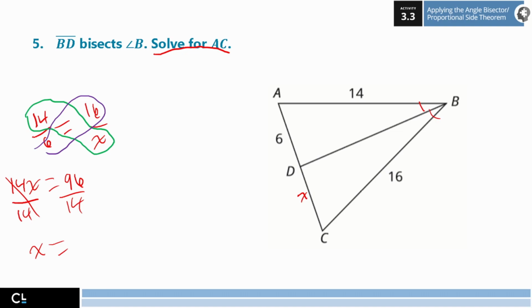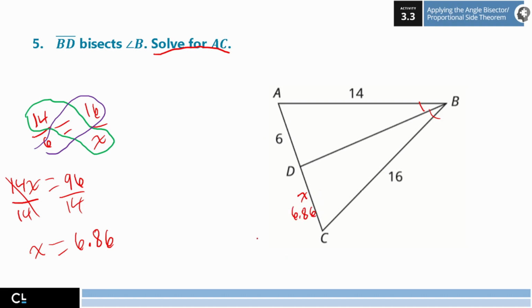We are going to round, and I'm going to round it to the second decimal place. Okay, so we're going to say it's 6.86. Let's round it. This is 6.86.